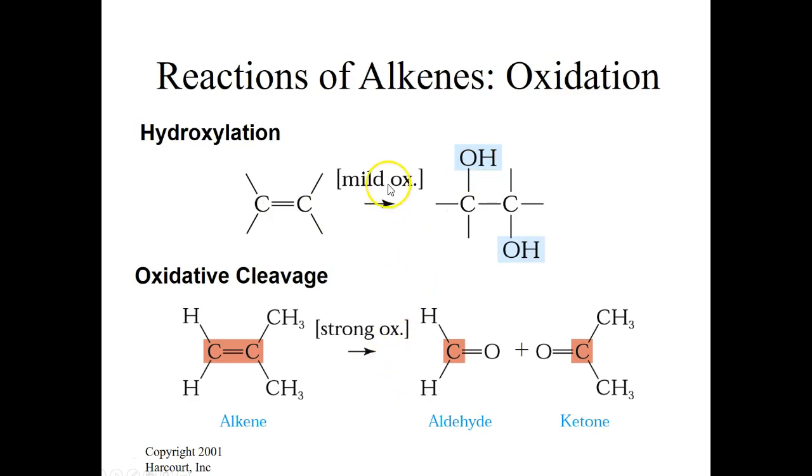That's for mild oxidation. If you really strongly oxidize it with particular reagents, then you can actually break this double bond and break this molecule into pieces. And when you do, you can have oxygen here and oxygen there. So you break this guy in half, put oxygen on this guy and an oxygen on this guy, and that's what happens when you strongly oxidize something. So know the difference between mild and strong oxidation.